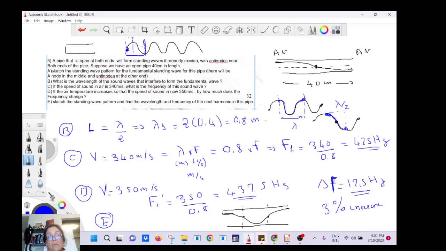Okay, so they call that the third harmonics, right? So this is 1/4. Then you have 1, 2, 3/4. Node, antinode for closed and open pipe. And then here you have your node. The next one will be up to here. So you have 1, 2, 3, 4, 5/4, right? So 5/4 wavelength.